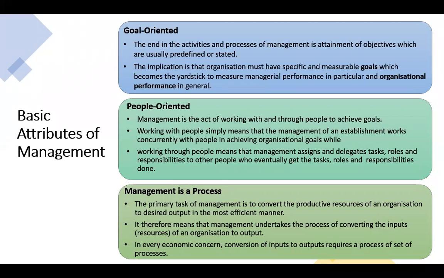When we were defining management and looking at different definitions, we kept saying one thing: aims, objectives, achieving them efficiently. So management is goal-oriented. It means that the end in the activities and processes of management is the attainment of objectives, which are usually predefined. So management does not exist in a vacuum.